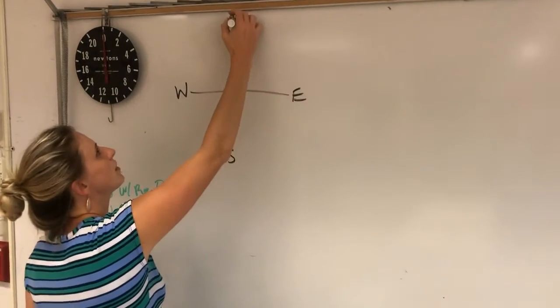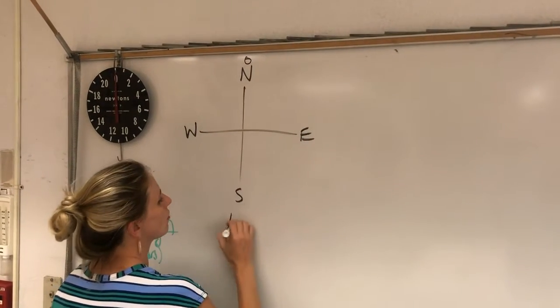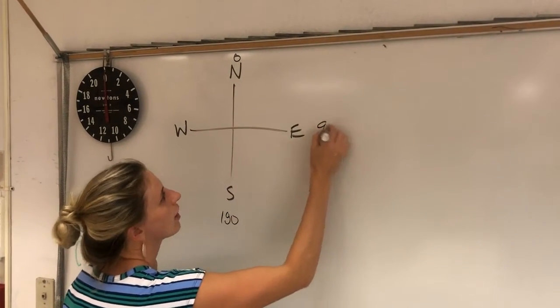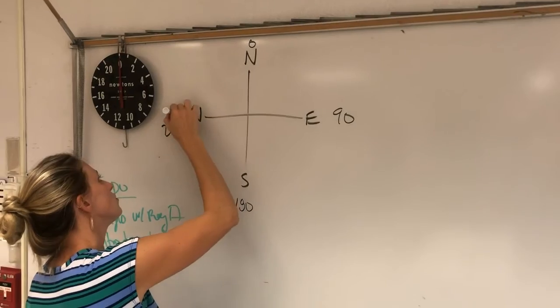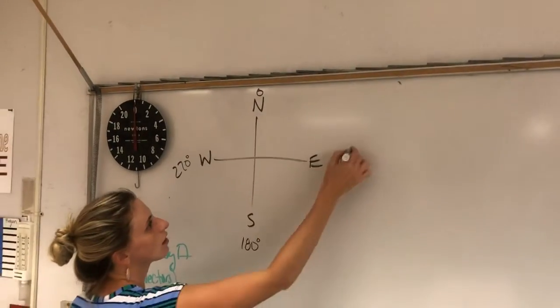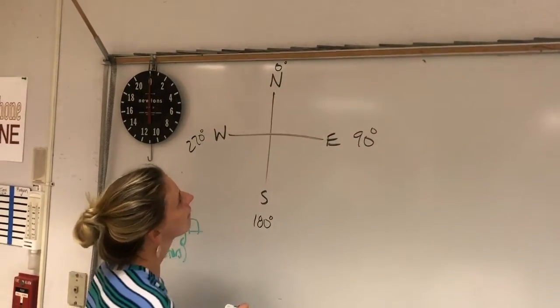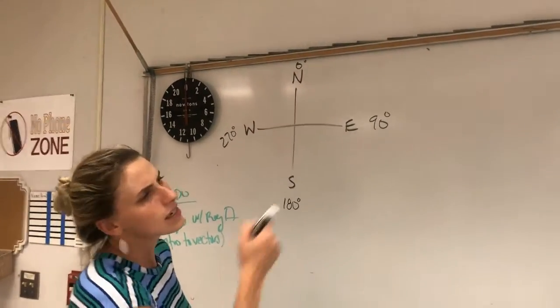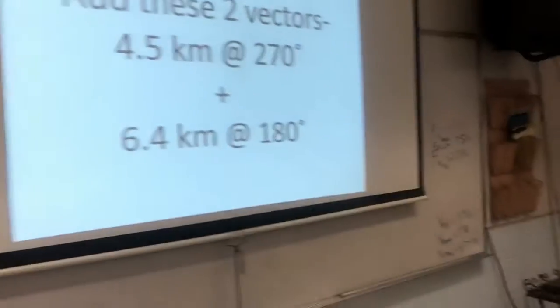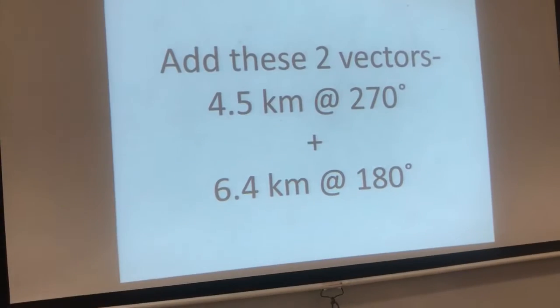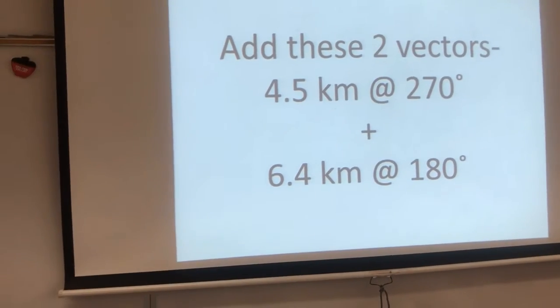Do you start with 0 up here? 0, 90, 180, 270. Now that 0 is also 360 if you go all the way around, but we just call it 0. Add these two vectors: 4.5 kilometers at 270 and 6.4 at 180.